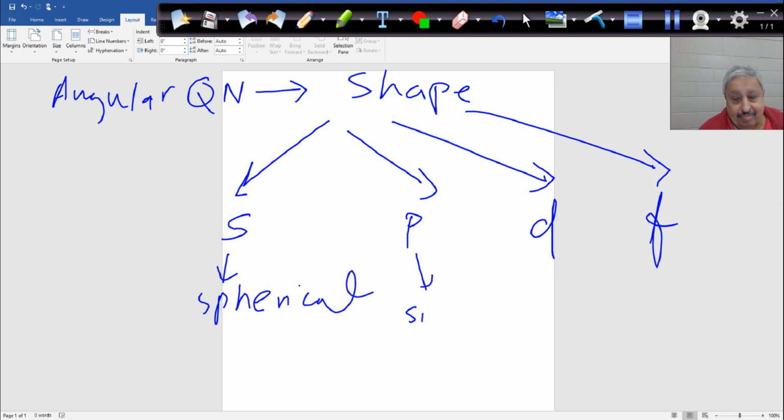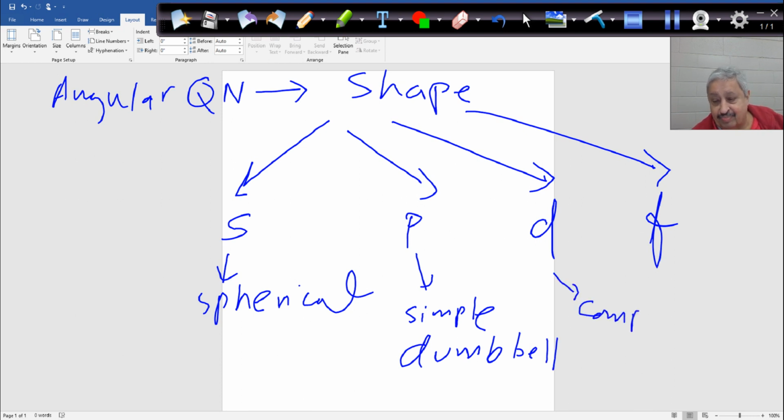P is the symbol for dumbbell. D is for a complex dumbbell shape.